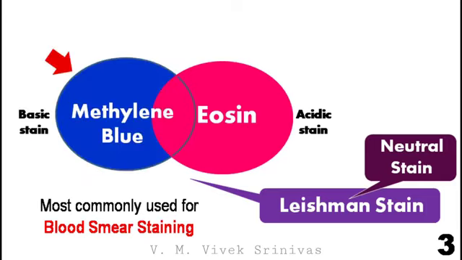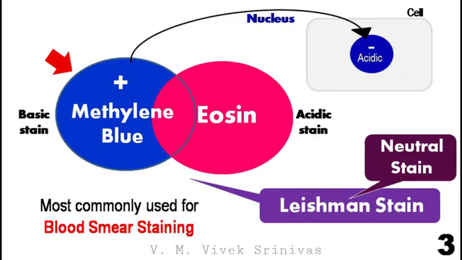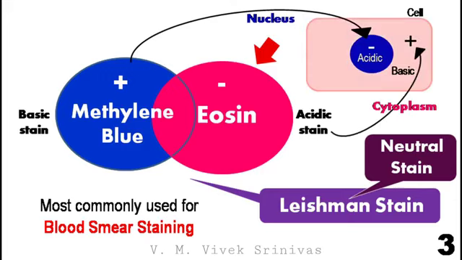Methylene blue is positively charged and has a high affinity for acidic components, that is, the negatively charged structures of the cell, the nucleus. And eosin is negatively charged and has a high affinity for basic components, that is, the positively charged structures of the cell, the cytoplasm, and the granules in some cells.